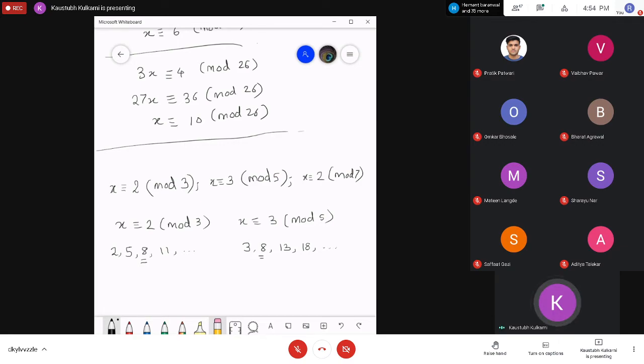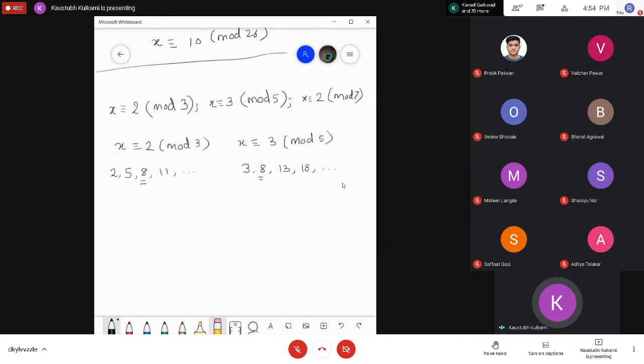Similarly, if we want to solve for 3 congruences at once, then we'll write 3 lists. In addition to these 2 lists, we will also add the list of x is congruent to 2 mod 7. We'll write the list as 2, 9, 16, 23. This will go on for a while: 30, 37.